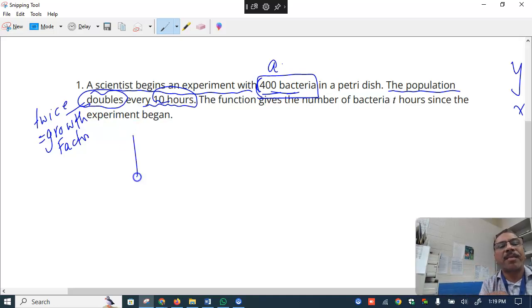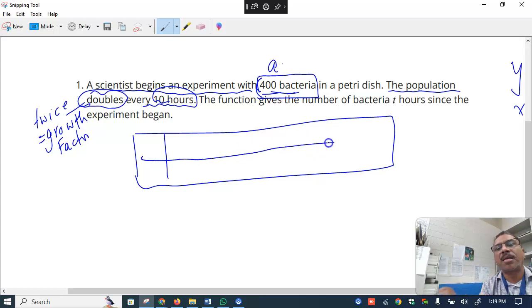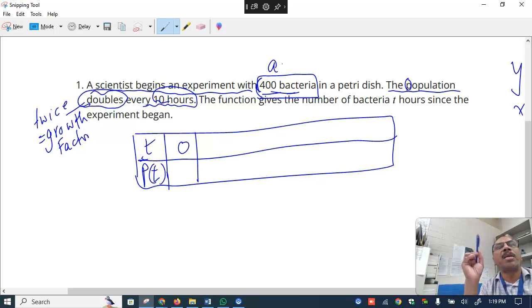Now, I would like to make a table so that we understand the visuals. No matter how smart we are, it's always better to write like this. In the beginning, T stands for the number of hours, and let's say the population starts with the letter P. I'm going to write P of T. Imagine I just don't know the 5 equations there, but I'll just write it down like this.